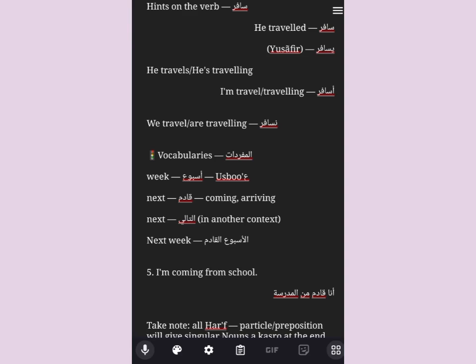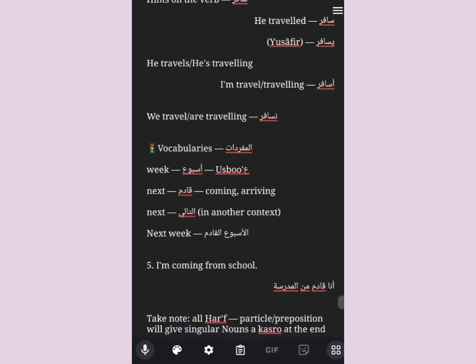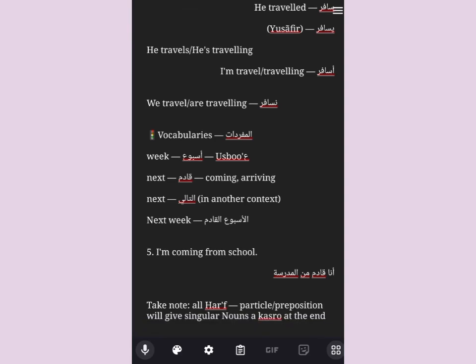However, there's another word for next, exactly, which is tali. And tali is someone who's next to you or something that is next in your list or in your agenda. So next week, therefore, by context, not by literal definition, al-usbu' al-qadim. By literal definition, it means coming week. And of course, if we say coming week, we are right to say next week as well. Okay, that's what we have.